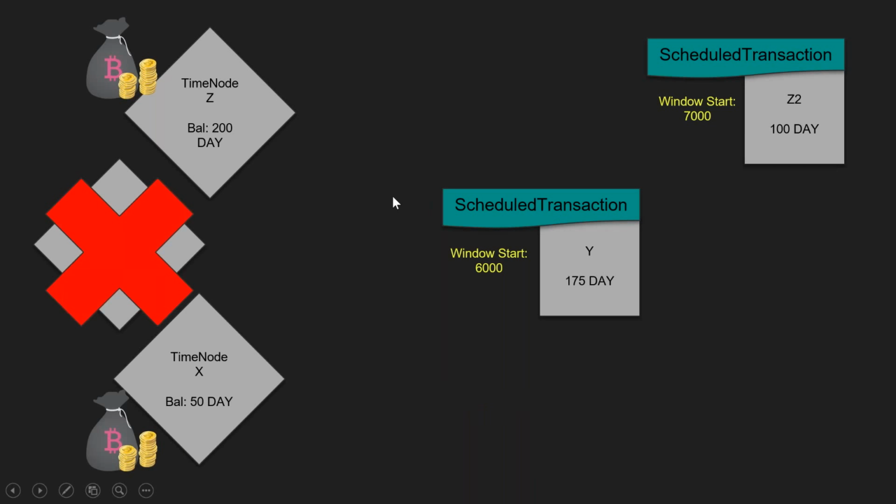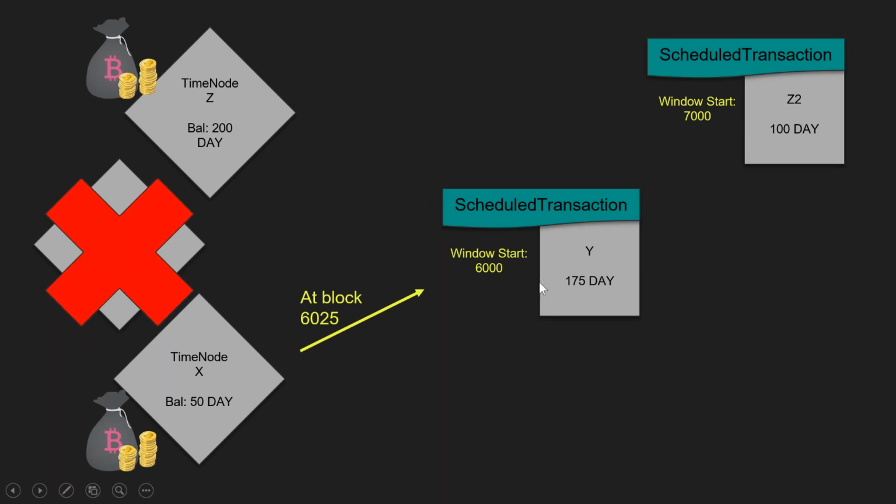Now we take into consideration, what if time node Y disappears? It goes offline or something, and now it can't execute the transaction it was assigned. In this case, the purpose of the bond is to incentivize the other time nodes to see that this transaction hasn't been executed. During the execution window, they'll reach a certain point where time nodes will begin to actually try to execute it themselves.